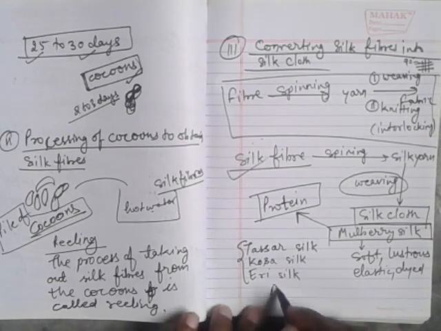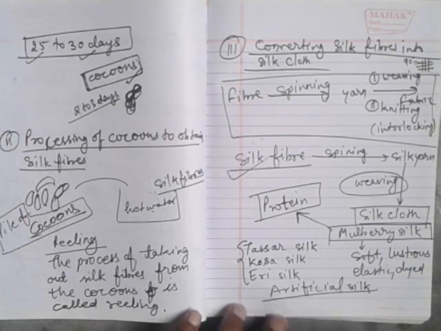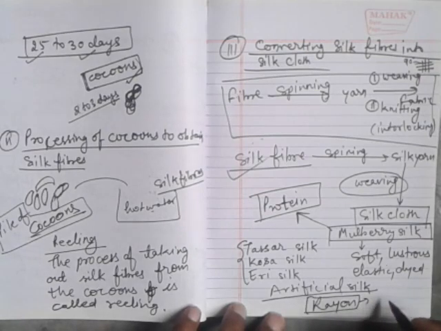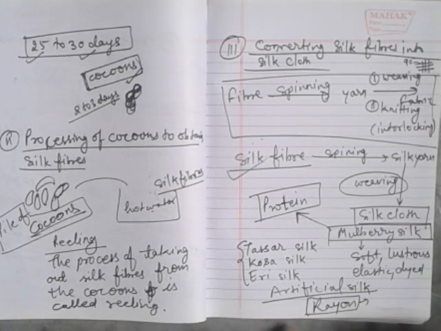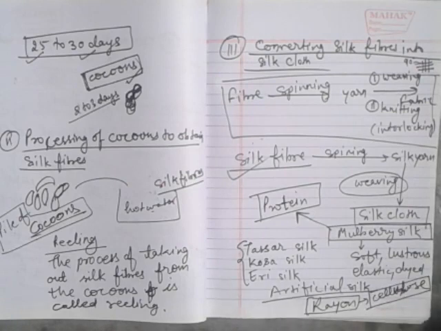Artificial silk is called rayon. The raw material of rayon is obtained from natural plant parts like cellulose, but in industry the cellulose is processed through chemical combinations of some substances.